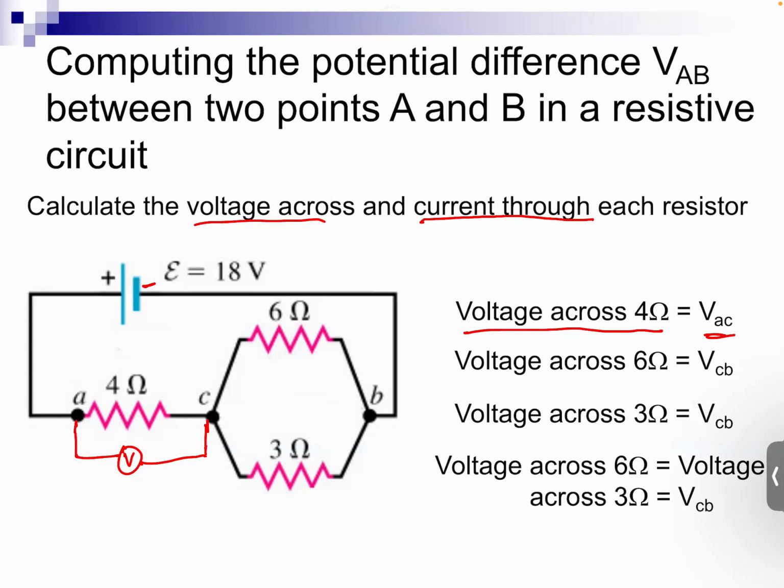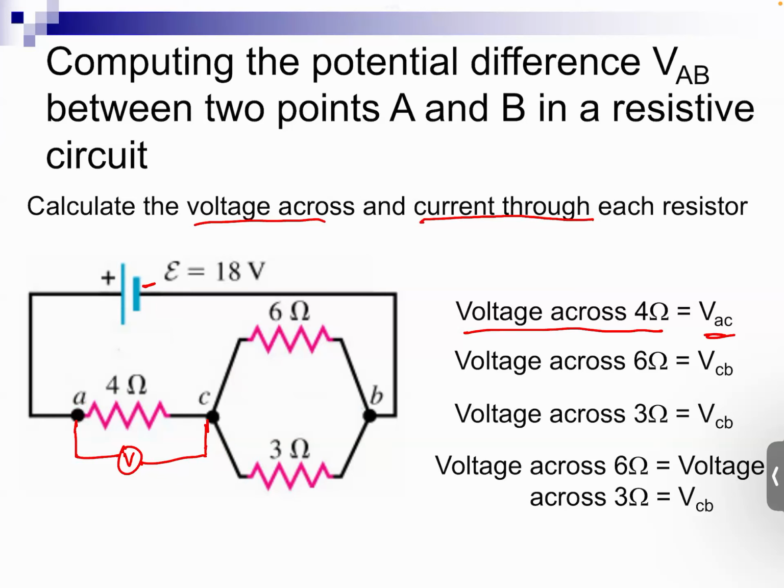Okay, so let's proceed and analyze the circuit here. Usually when you're given just a single voltage source and multiple resistors, you can always simplify the resistor connections into a single equivalent resistor.